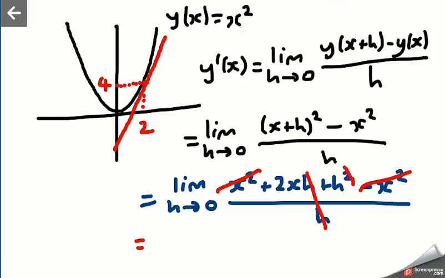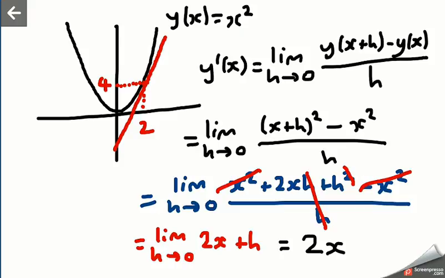So we can just cancel those off and it's fine. And what we're left with is the limit as h tends to 0 of 2x plus h. I don't think it's hard to see that as h gets closer and closer to 0, 2x plus h just gets closer and closer to 2x.